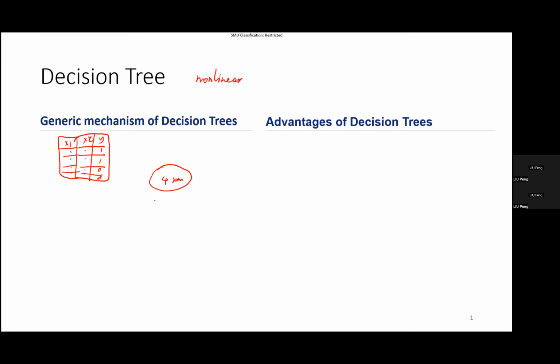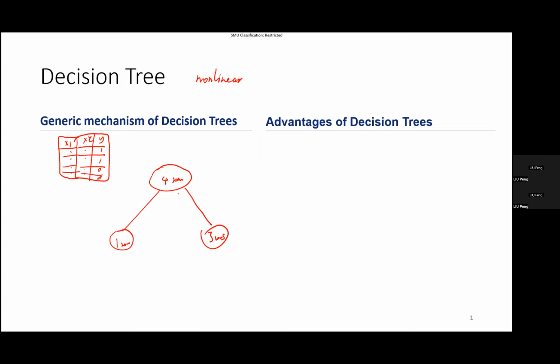Now the tree needs to grow, right? So it grows into nodes, and the nodes will have a subspace, meaning maybe there's only 1 row here and there are 3 rows, or it could be 2 rows and 2 rows. So there are different decision points here.